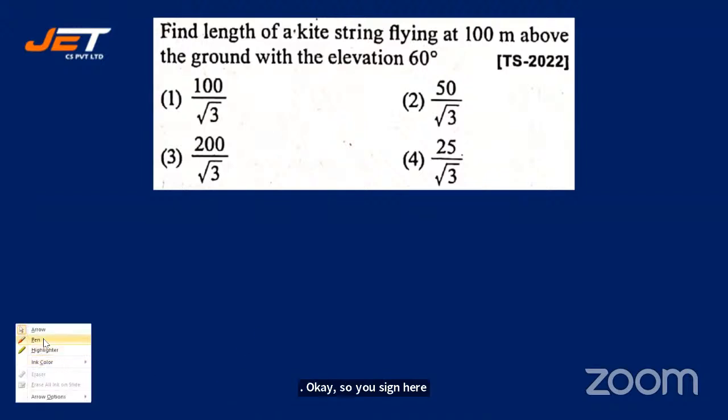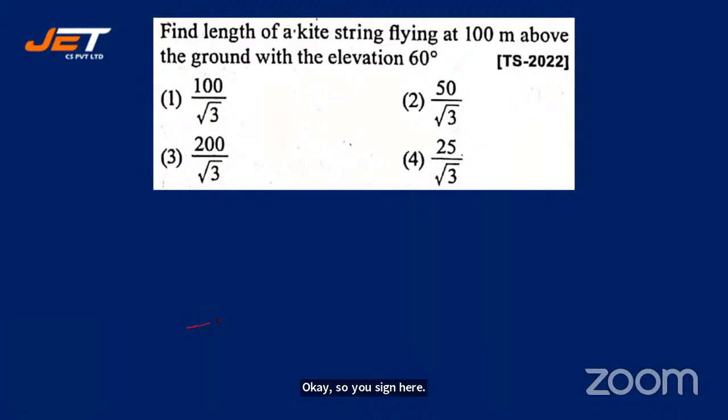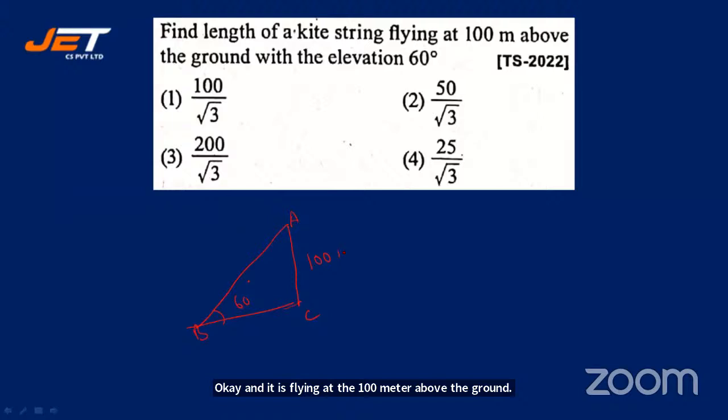So let me draw the diagram very quickly so that you'll be able to understand. Okay. So here he says the elevation is 60. So let's take this as A, B, C. So here the elevation is 60 degree, and it is flying at 100 meter above the ground. So this is the ground, 100 meter above the ground means this is the height.